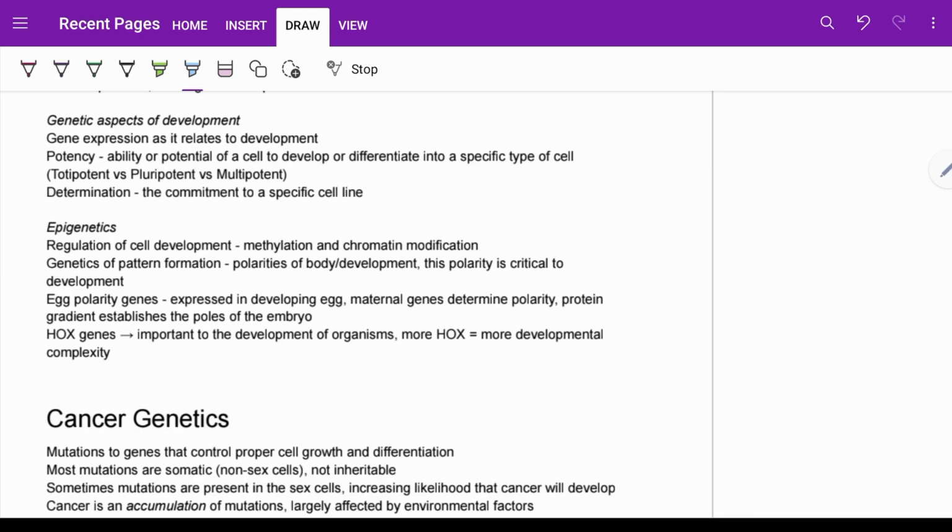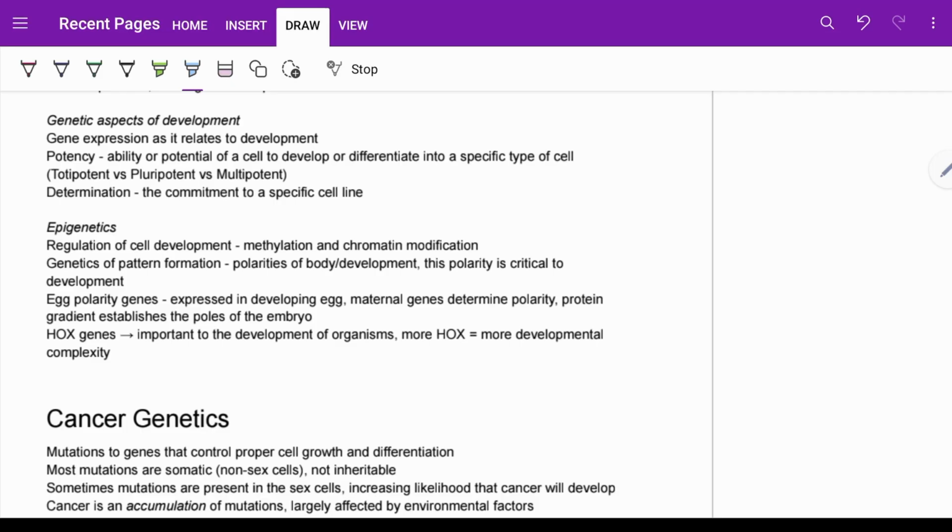Genetic aspects of development. Basically, the potency, or the ability of a stem cell to develop into different kinds of cells, is really important. If something happens that affects the ability of a stem cell to differentiate, that can affect the organism as a whole.